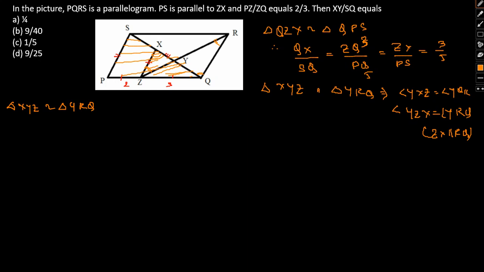Therefore we can write XY by YQ equal to ZX by QR equal to ZY by YR.